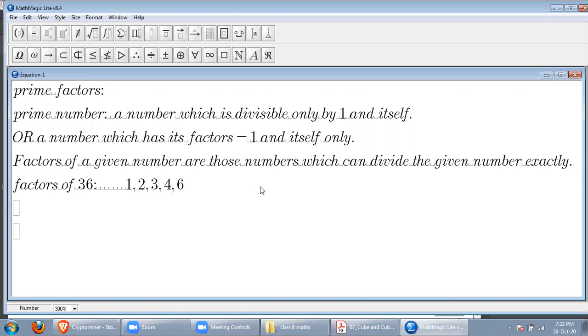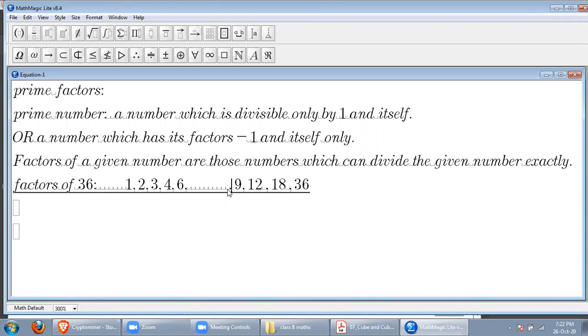So when I say 1, it is 1 and 36, you write it down. When I say 2, it is 2 and 18 to make 36. When I say 3, it is 3 and 12. When I say 4, it's 4 and 9.